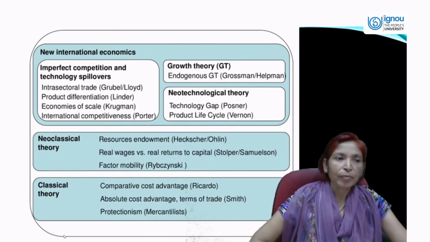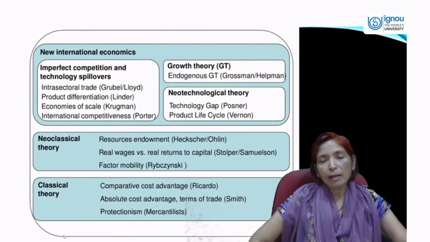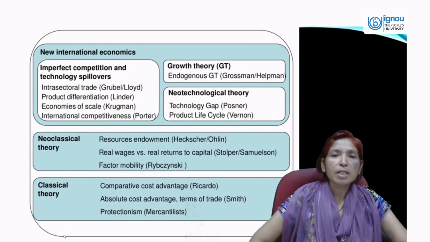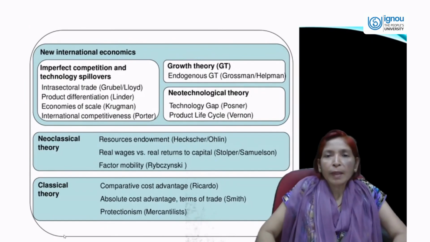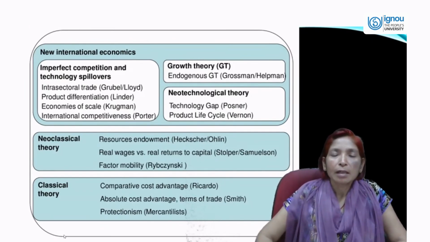So we have intra-sectoral trade, product differentiation, and economies of scale by producing large products. If we produce in a larger quantity, then we can get internal and external economies of scale. And we can get international competitive advantage with the help of Porter's competitive advantage theory.